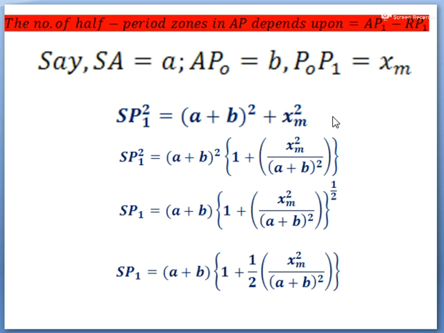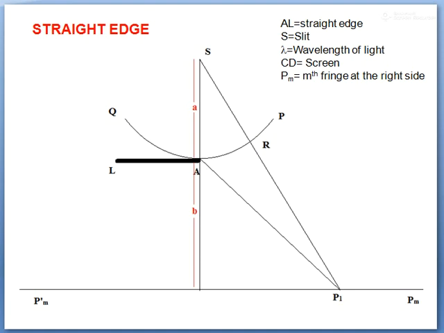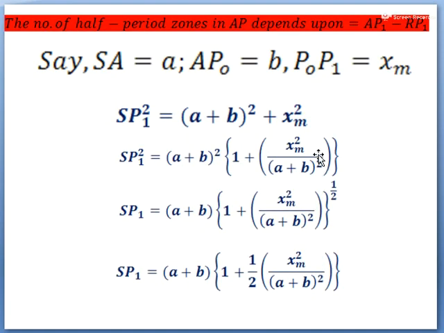So SP1 square, that will be A plus B square plus XM square. So SP1 square equal to A plus B whole square common, 1 plus XM square divided by A plus B whole square.